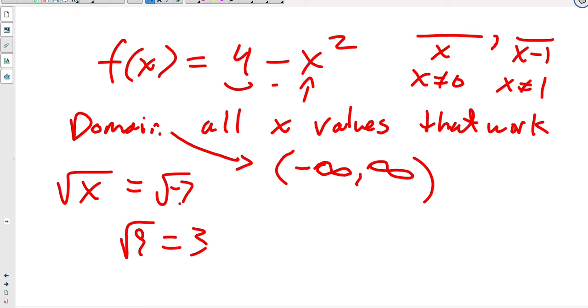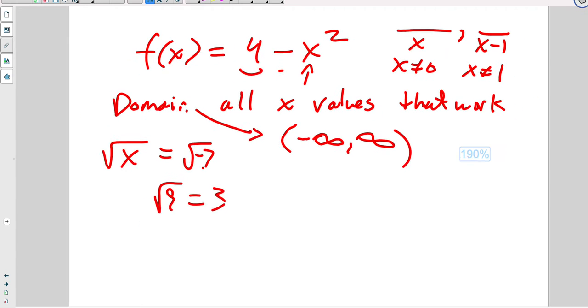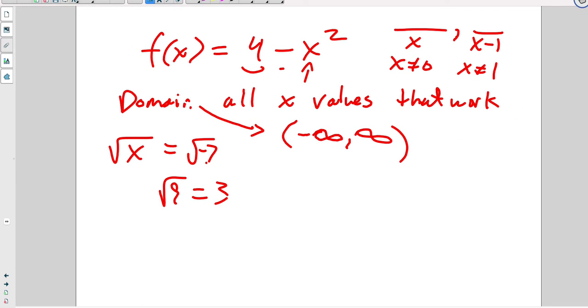Now for the range, that changes a little bit. The range is what numbers can we expect? What numbers are possible? If I look at this problem, I have 4 minus a number.